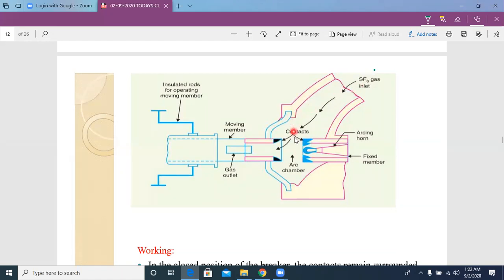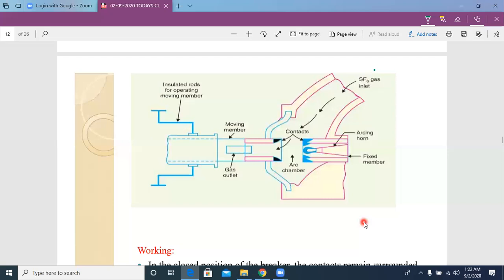When it enters the arc path, it absorbs the free electrons, and the low pressure SF6 gas goes to the gas outlet. From the gas outlet it reaches the low pressure reservoir, that means the other side reservoir. This is the basic working of the SF6 circuit breaker.